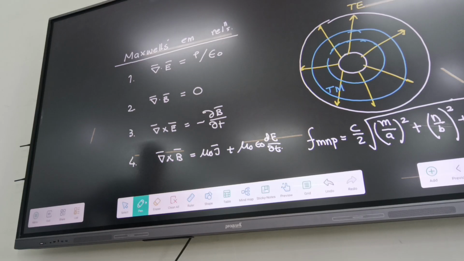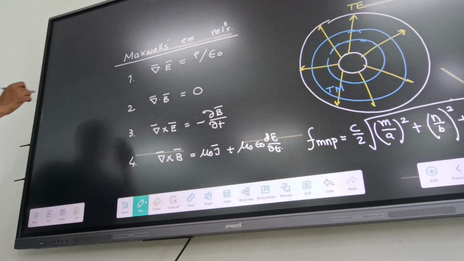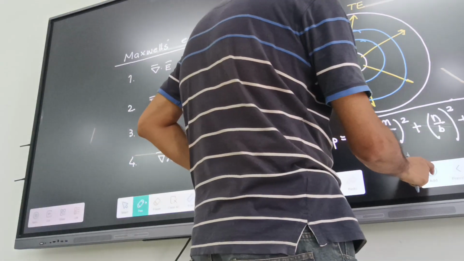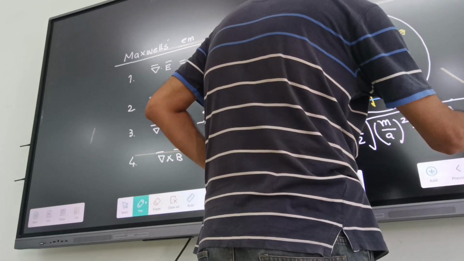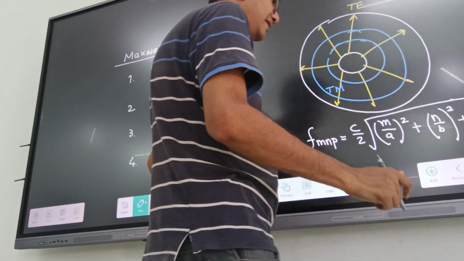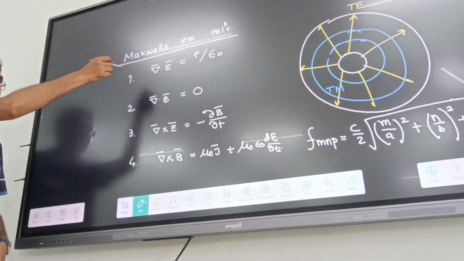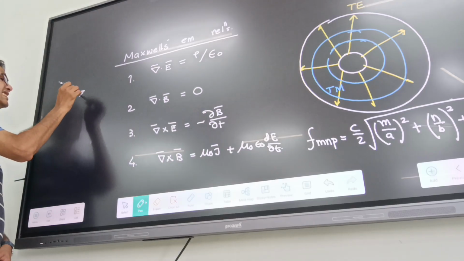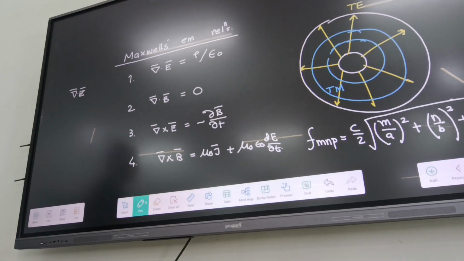Now just give me an answer. Inside this coaxial cable, what will be the value of del dot E? Will it satisfy del dot E equals rho by epsilon 0?